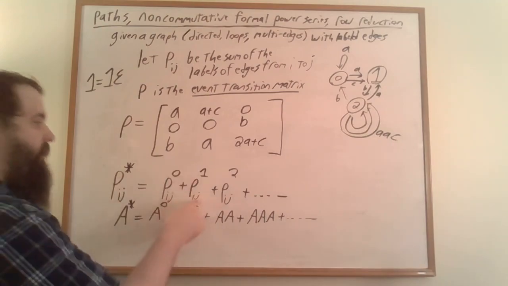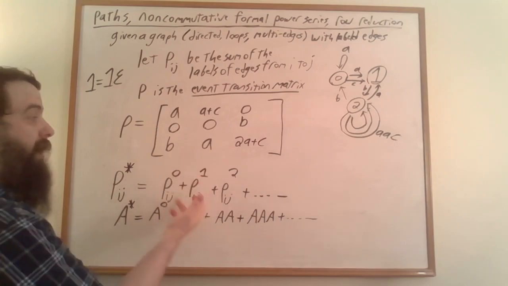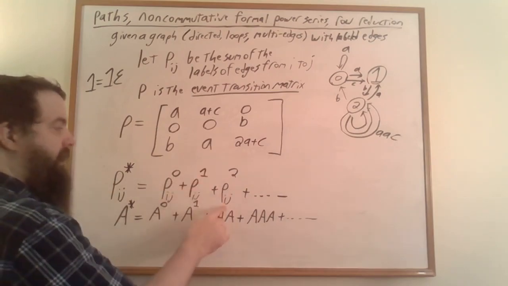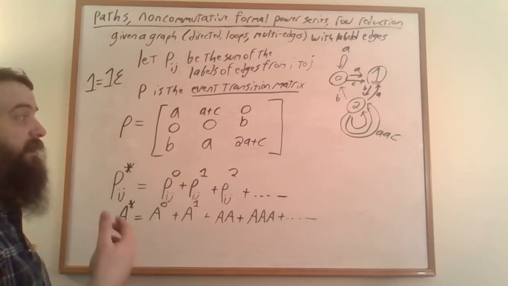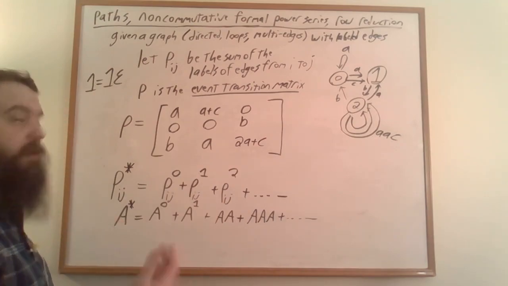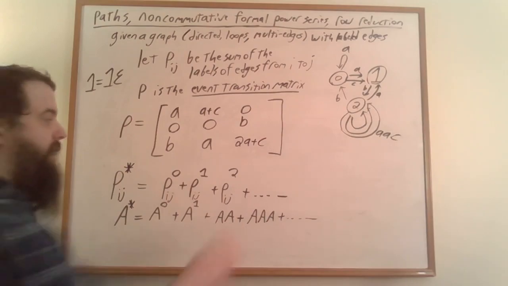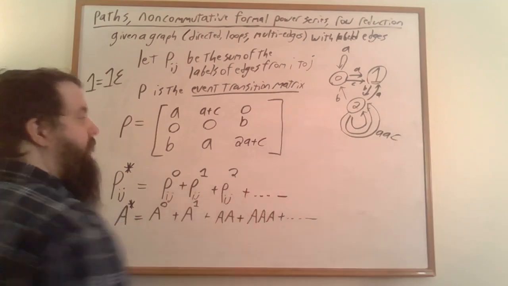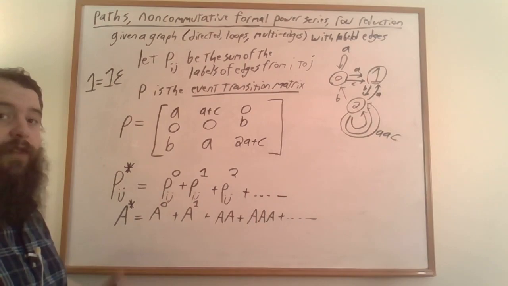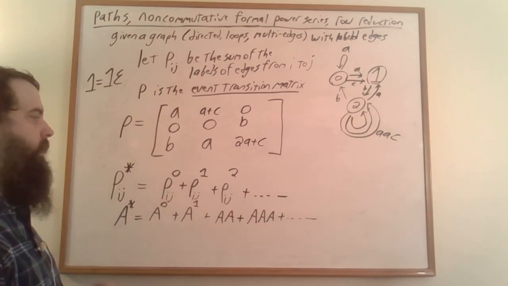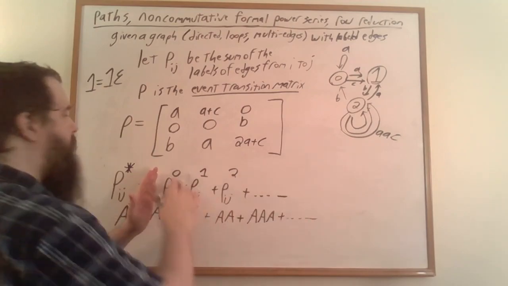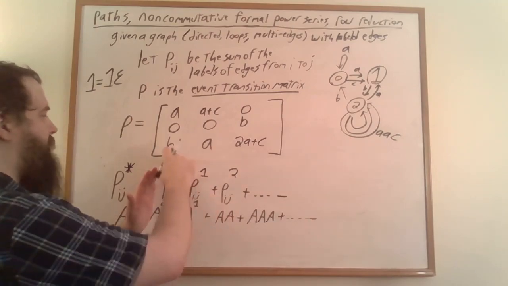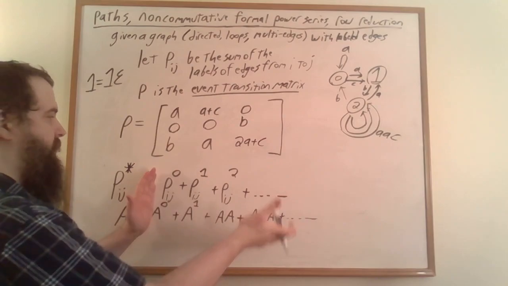Some sort of finite sum of degree 1 terms. And this entry of this matrix here is going to be some sort of finite sum of degree 2 terms. And the next entry from P to the third is going to be some finite sum of terms of degree 3. And so what's actually going to happen is in this infinite sum here, we aren't going to have any like terms between these different terms of the sum.